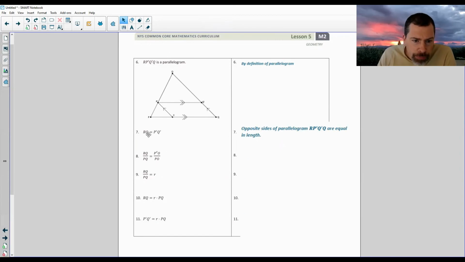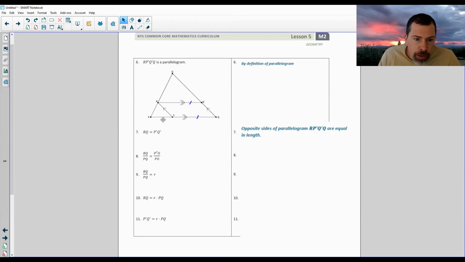Oh, I skipped one. RQ equals P prime Q prime. So we have RQ equal P prime Q prime, which I said earlier, they're also congruent. So now I can say, and mark your diagram, RQ, this piece right here, is congruent to this piece right here, P prime Q prime. They are congruent.